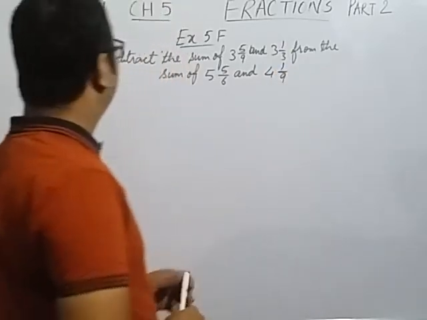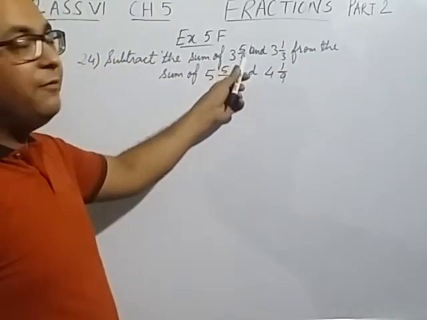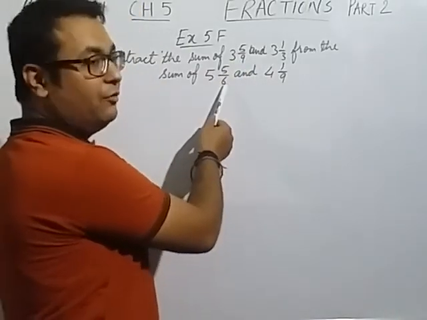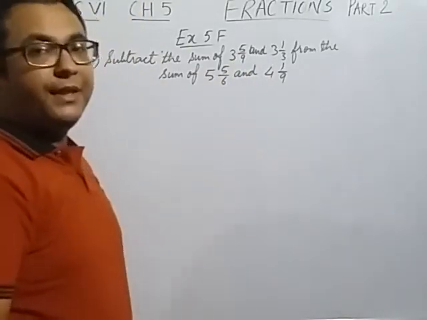So our question is to subtract the sum of 3 whole 5 by 9 and 3 whole 1 by 3 from the sum of 5 whole 5 by 6 and 4 whole 1 by 9.